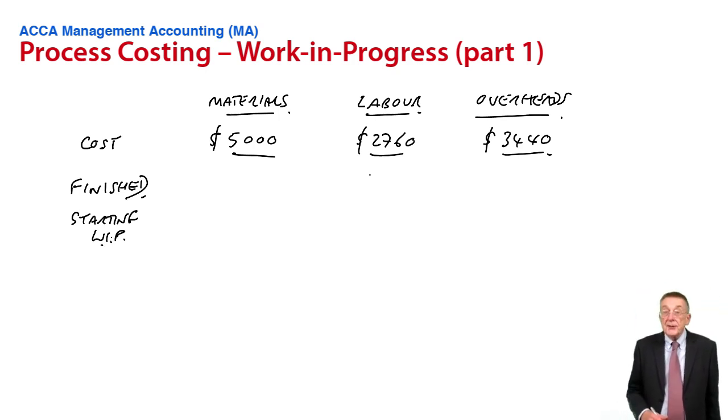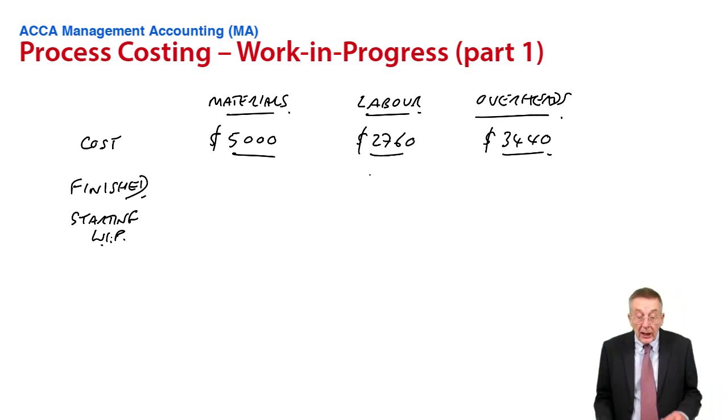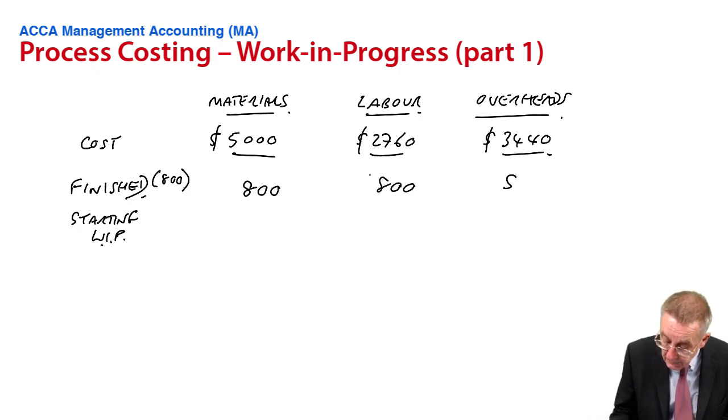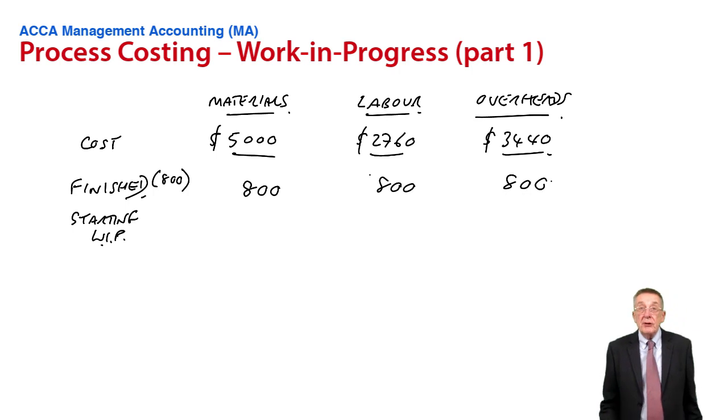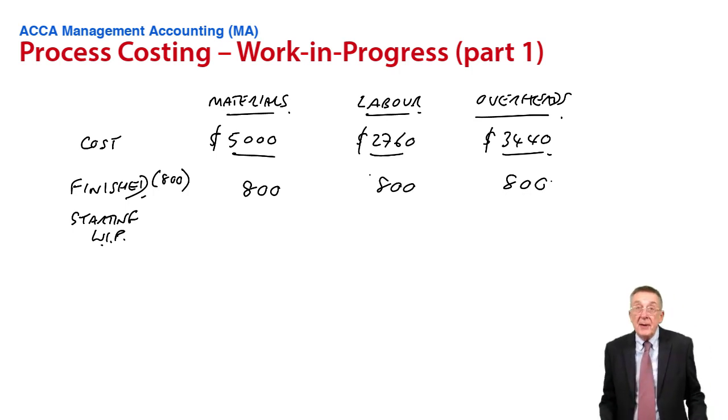And let's look at these units. First of all, how many units were finished completely? 800. And they'd had the full work. We've done a full 800 units work on materials, on labour, on overheads, because they've been finished.